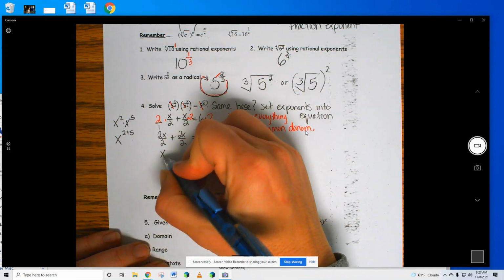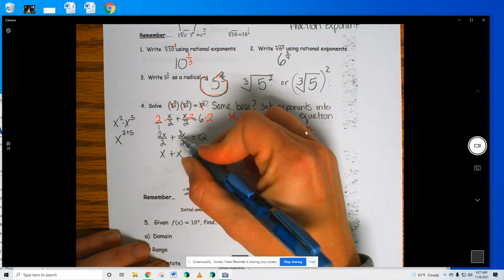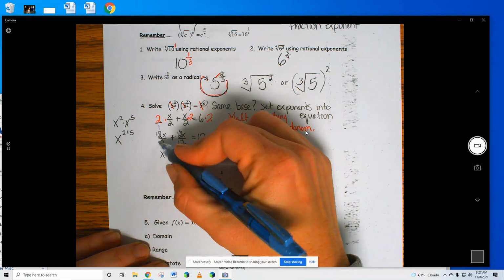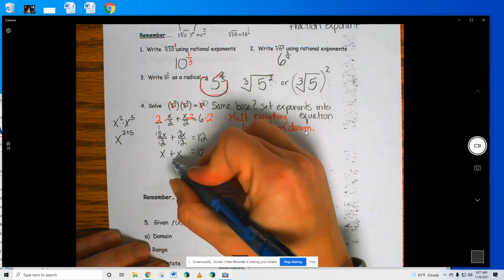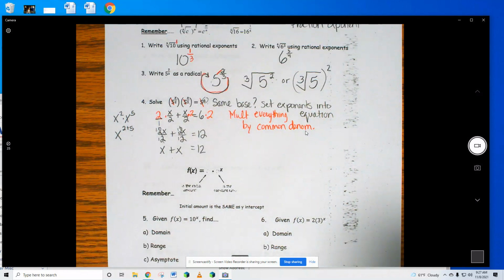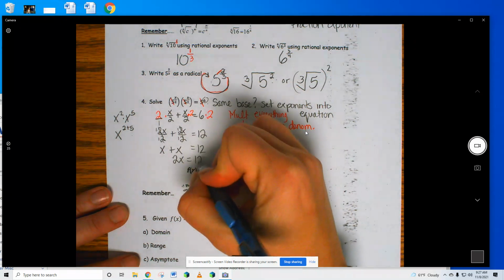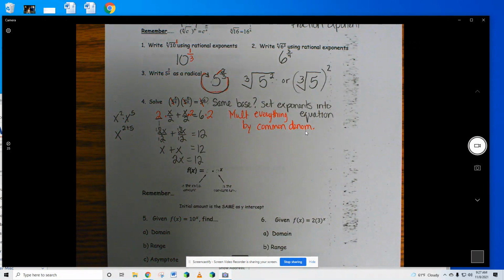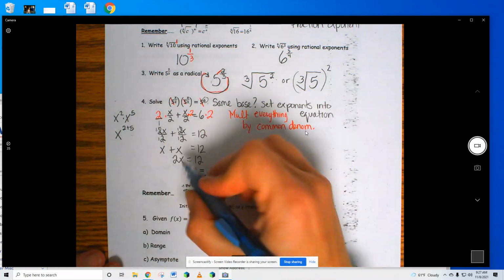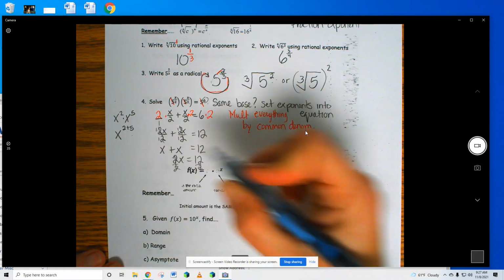So just x plus x. These 2s become 1s. Equals 12. What's x plus x? 2x. 2x equals 12. Awesome. And what does x equal? Divide both sides by 2, right? x equals 6.